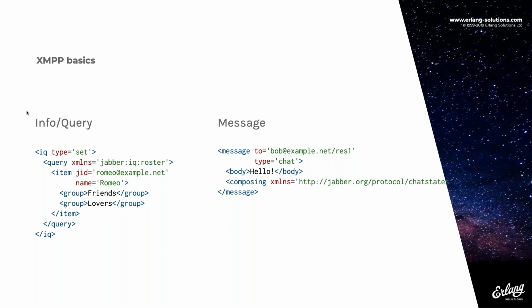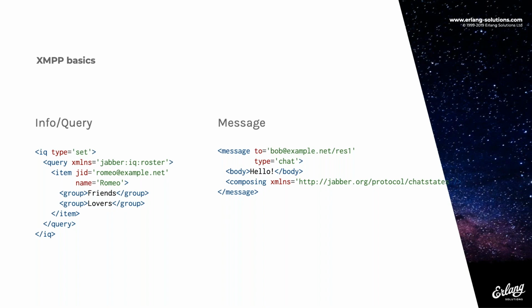And the server can receive such an IQ and just reads what's inside. When it meets the namespace it is familiar with, it begins to process it according to the meaning of the element name. And to the right we have a message. Message normally contains a body, but it can contain many more things also.